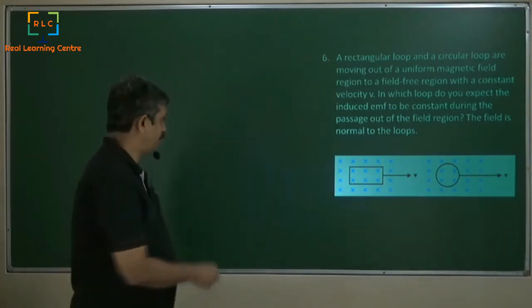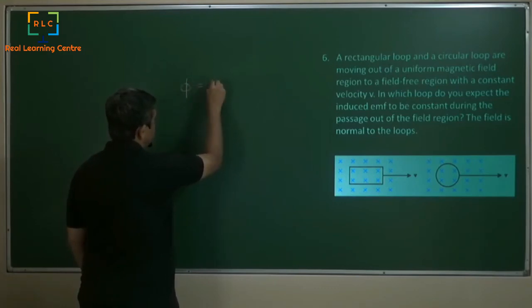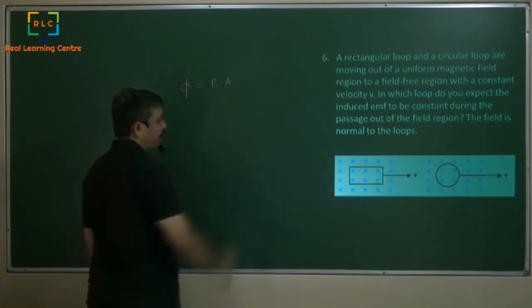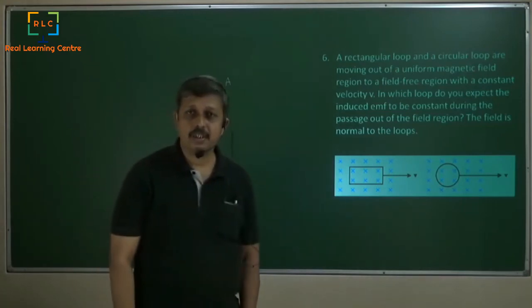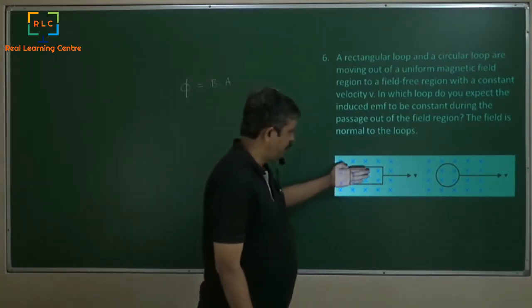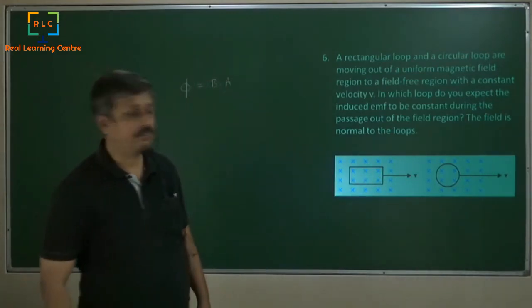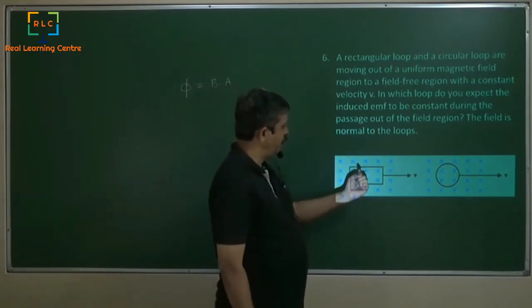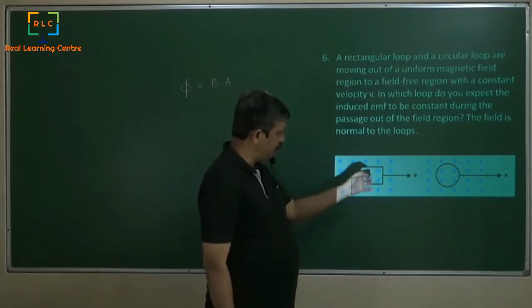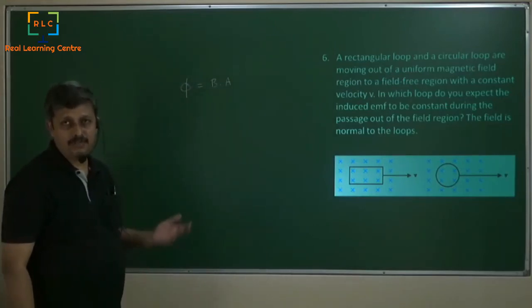Because what is flux for us? Flux is nothing but B dot A. Since both are perpendicular to the plane, the area direction is like this, B also like this, so the angle between them is 0.